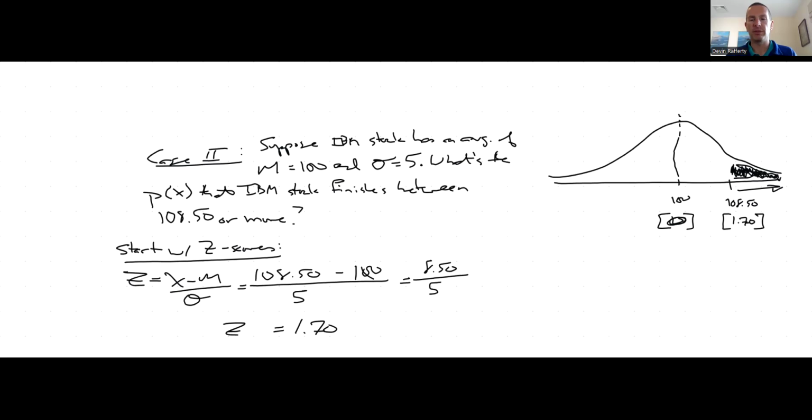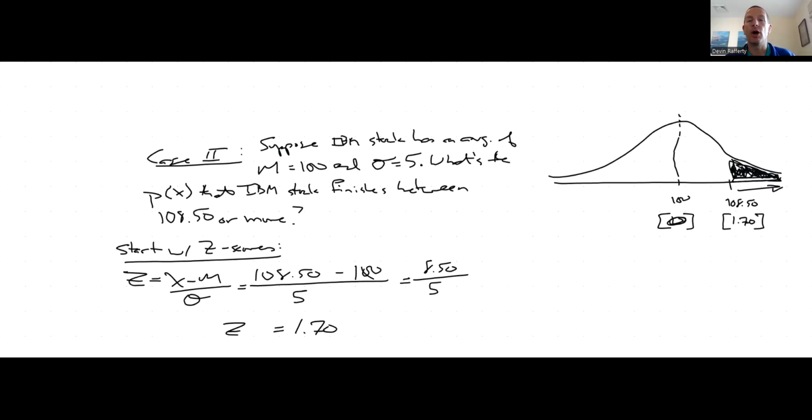So now, how would I find this area? Well, wait a second. I know that this whole bell curve is the standard normal probability distribution.